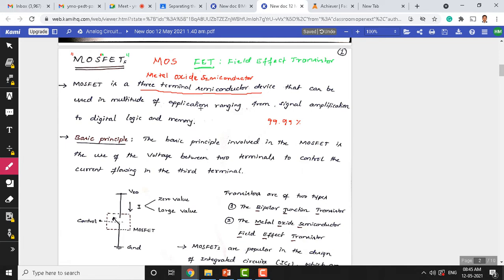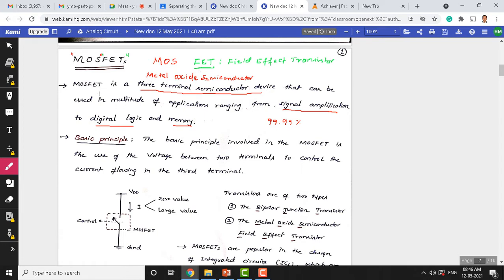The applications range from signal amplification, which is an amplifier, to digital logic and memory. In all those electronic systems, the fundamental device employed is the MOSFET.